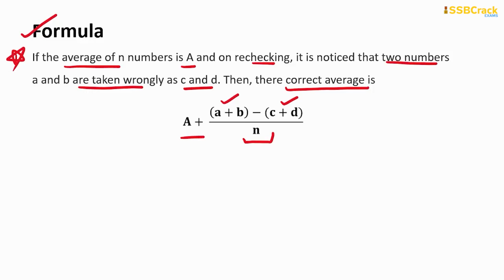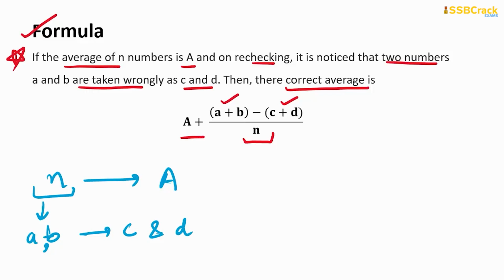Right? So here we are given the average of n numbers as A. Now it is given that from these n numbers, two quantities, that is small a and small b, were taken wrongly as C and D.